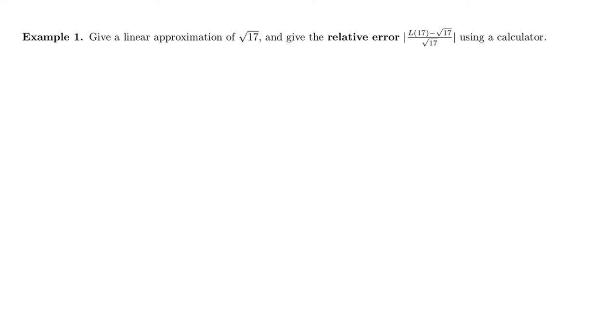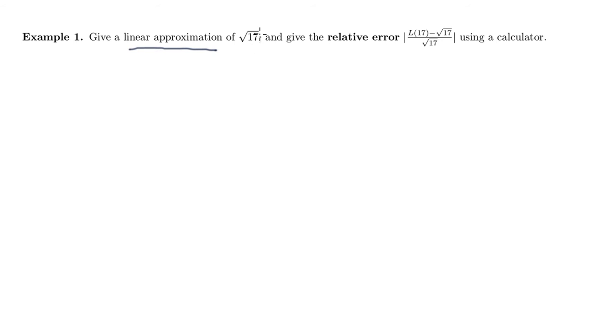Okay, so let's go back to the example we had of finding the square root of 17. And now again, we want to use a linear approximation. So that requires using an appropriate linearization. Now notice that we don't have really any information, and so in reality, you have to be a little bit creative in how you apply the linearization.